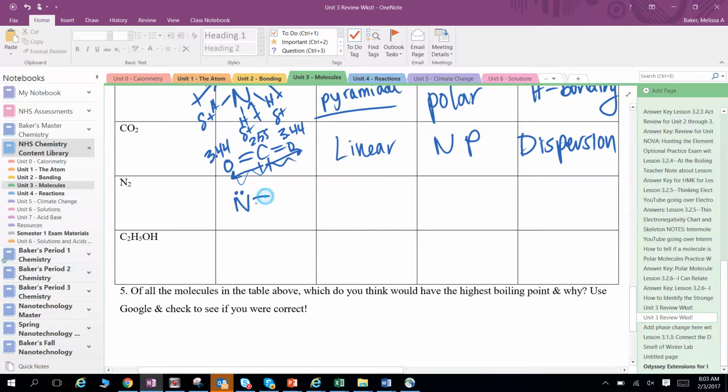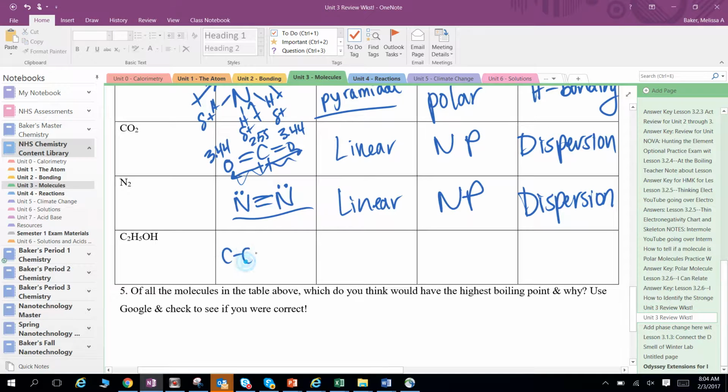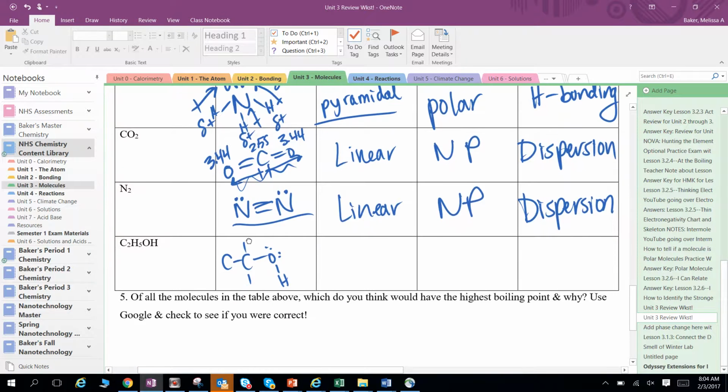N2 ends up being a triple bond between two nitrogens. So all it can be is linear and nonpolar because there's nothing that's winning there. So again, we've got dispersion forces. And our last one is very similar to the CH3OH.